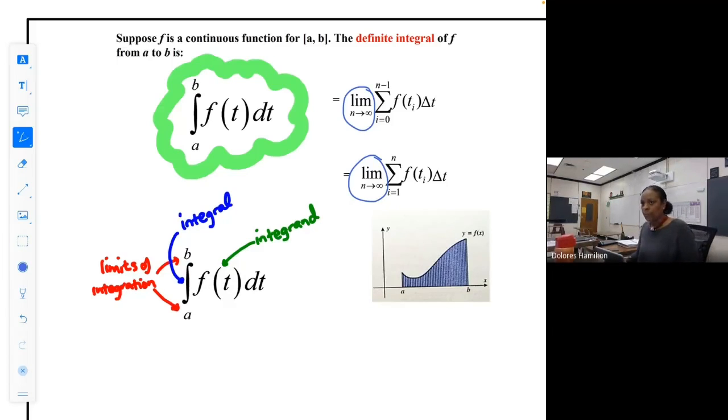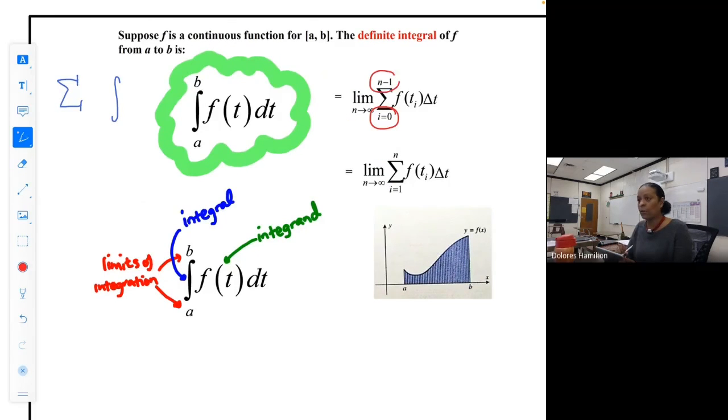Here are a couple of things, and I've identified what is different. For starters, we're no longer using sigma. Sigma is going to be replaced with this elongated s, and that, folks, is our integral. The s still stands for sum, but it's the sum of an infinite number.